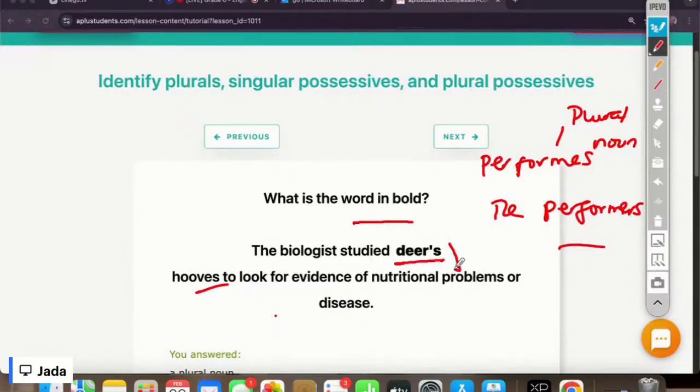Can you tell me on the chat what possessive noun this is? So what do you think is this word? Is it singular possessive, plural possessive?